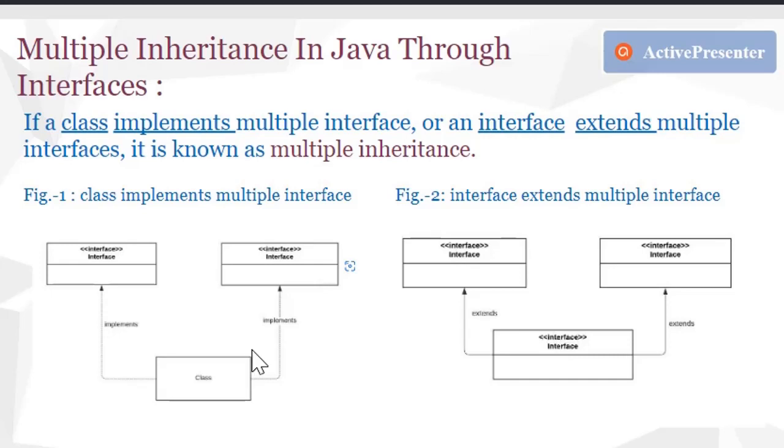Class implements multiple interfaces, the implements keyword is used. Here the interface extends multiple interfaces. Okay, you can see through example.